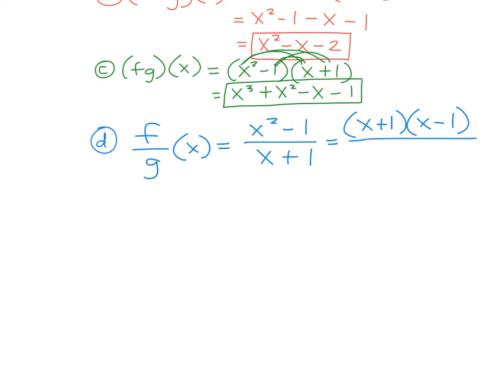So that's going to be your numerator. Your denominator is x plus 1. Now you can cancel some things out because this x plus 1 and x plus 1, when you put them over top of each other, equal what? 1, right? X plus 1 over x plus 1. Any number over itself is 1. So this will reduce to 1, which means our answer is just x minus 1.